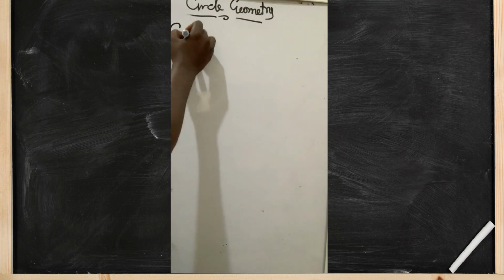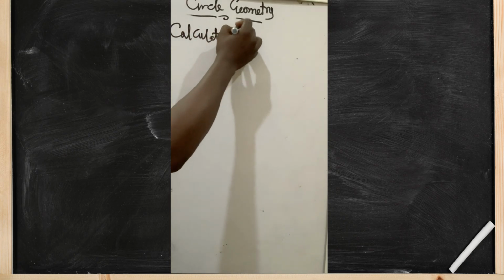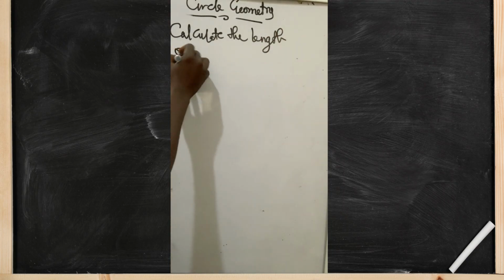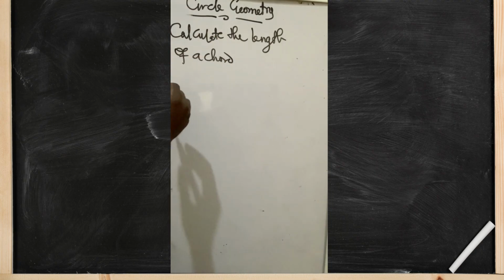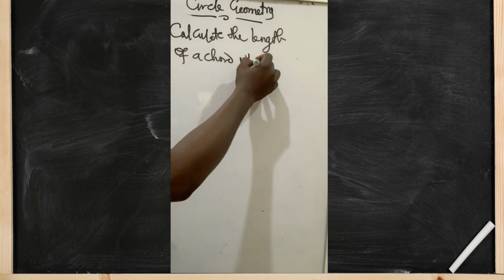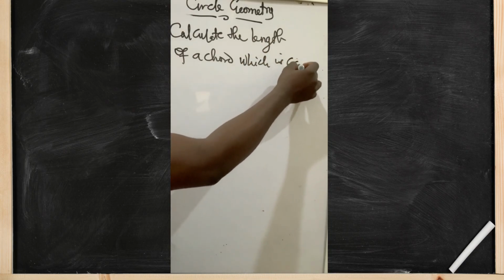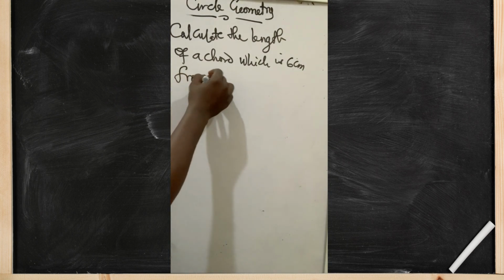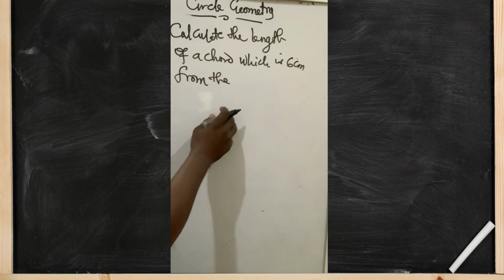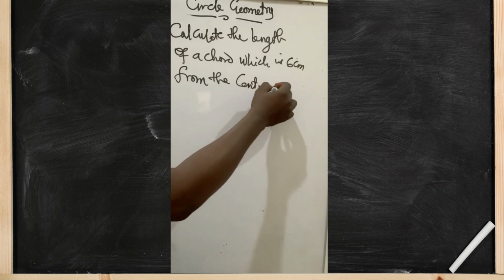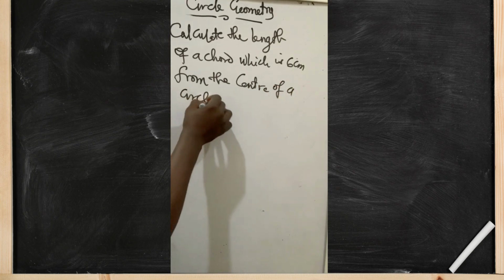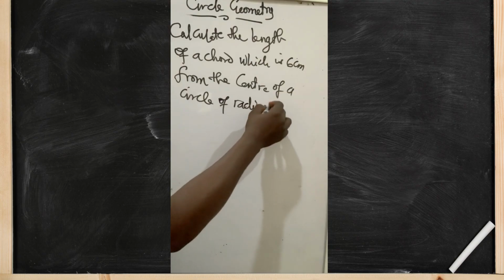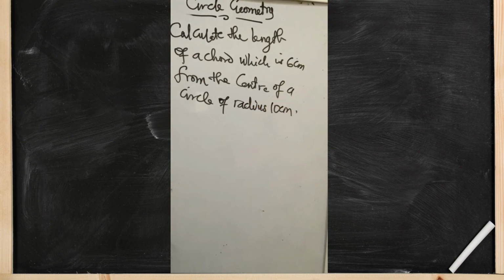It says calculate the length of a chord which is 6 centimeters from the center of a circle of radius 10 centimeters. So this question is very simple.